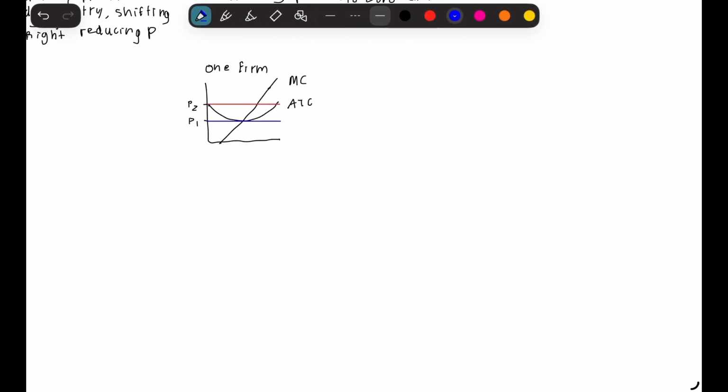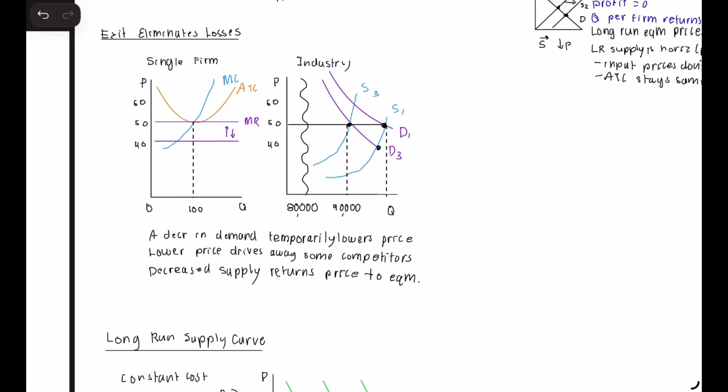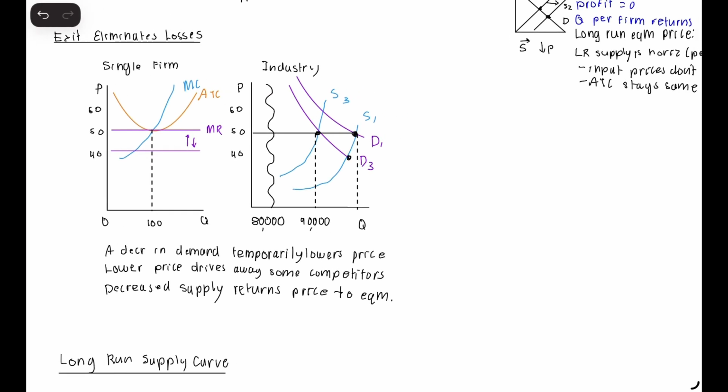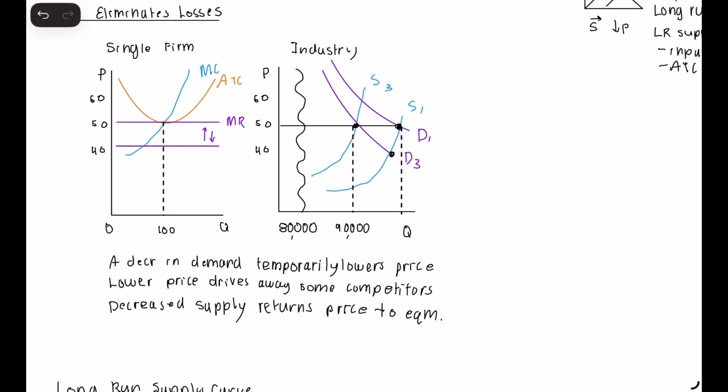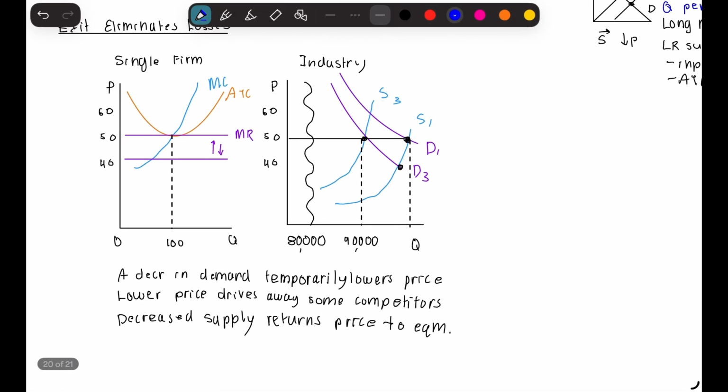In this curve, you have profit that is right here. So here exit eliminates losses. We can see in the single firm, you have your marginal cost curve, your ATC, and your MR. Your ATC is going to intersect your MC at the minimum of your ATC, and your MR is going to shift up and down.